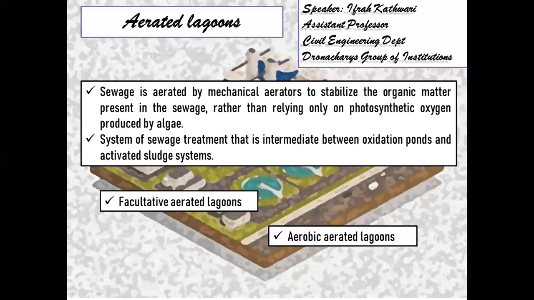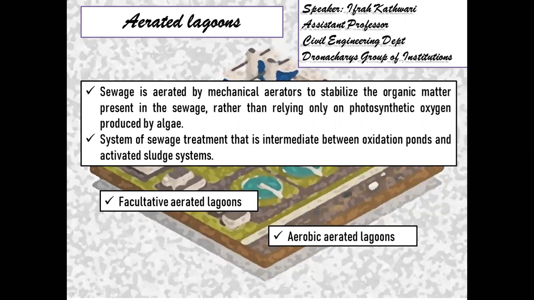These are those lagoons in which some solids get removed with the effluent and some settle down in the lagoon. Why this happens is because the aeration power input is enough for oxygenation, but it is not enough for keeping all solids in suspension.